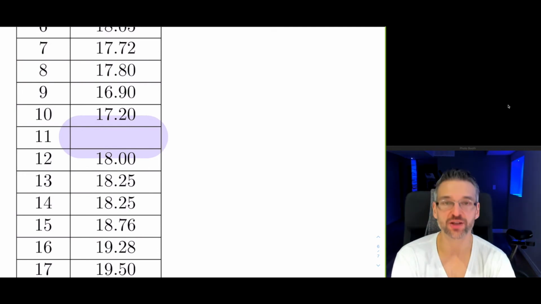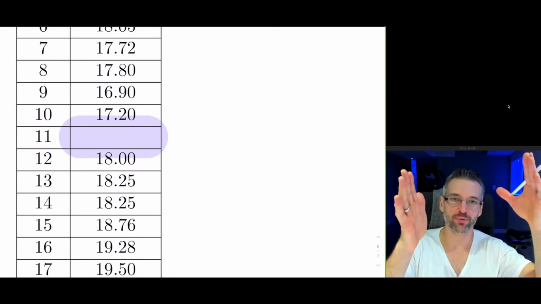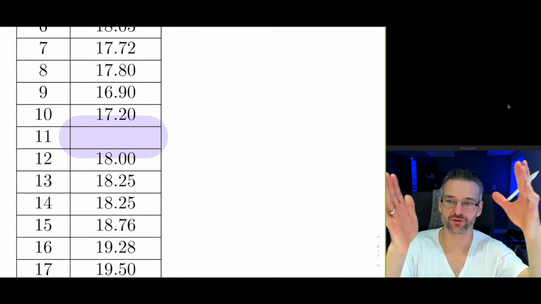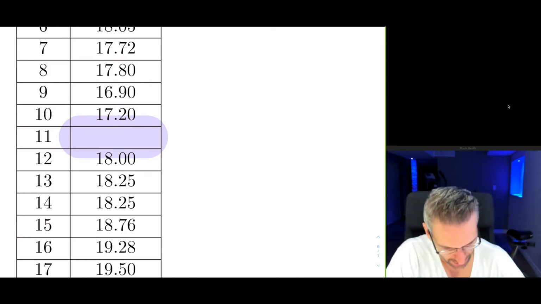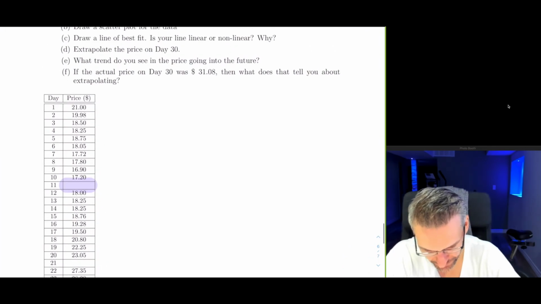And interpolation, one way of doing that is taking the data before and after. So you have the two data points before and after, and then you can average them out. So for instance, in this case, if this was a test, you probably would have to show this.